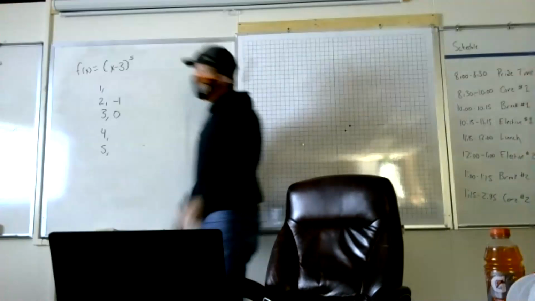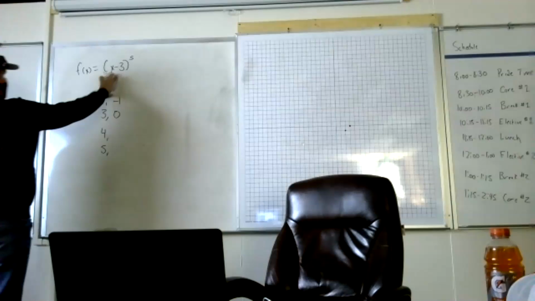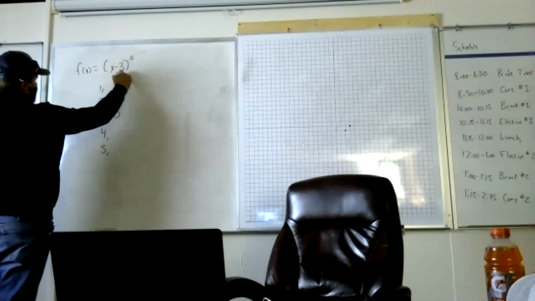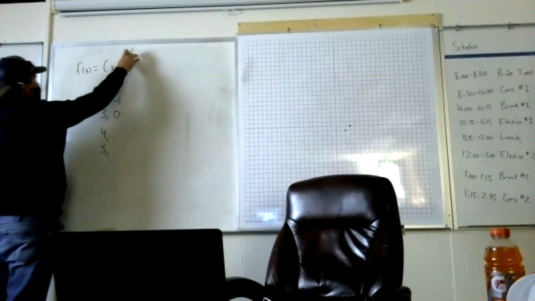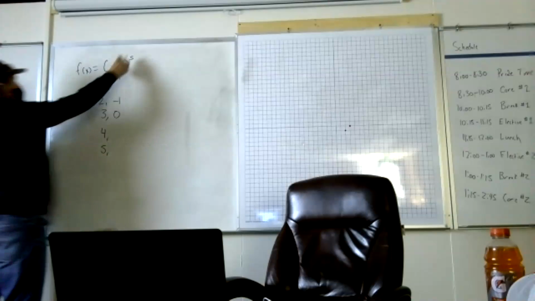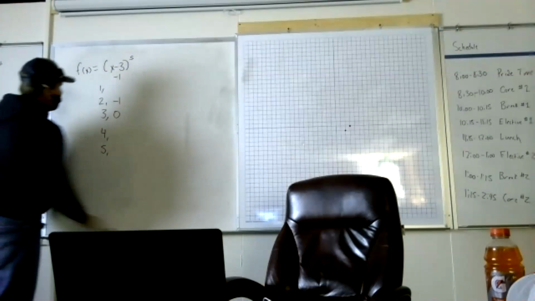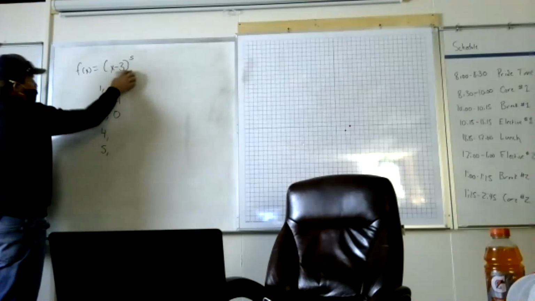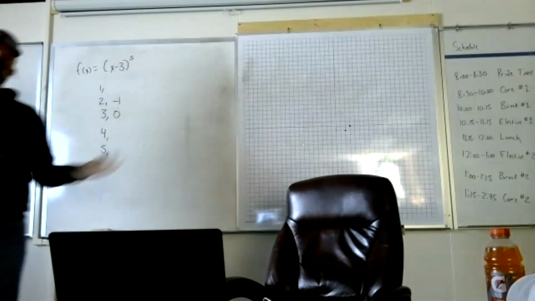Key thing to realize is if you were multiplying a negative number, since 2 minus 3 gave us our interior of negative 1 here, if it's a negative to an odd power, your answer is going to be negative. If it's a negative to an even power, your answer is going to be positive, because anytime you multiply a negative times a negative, you get a positive answer.